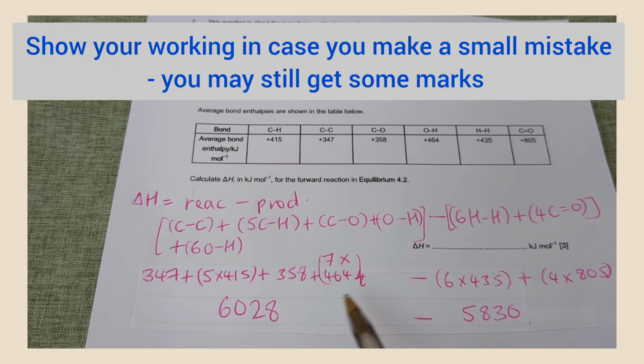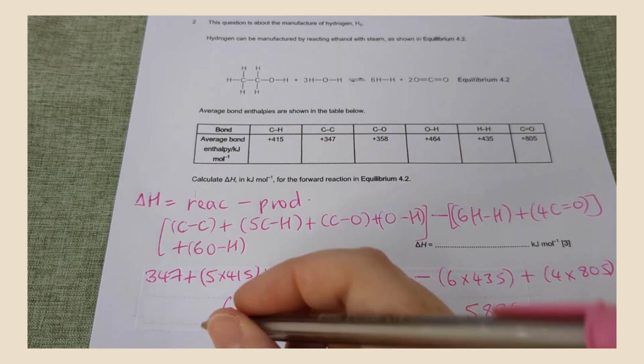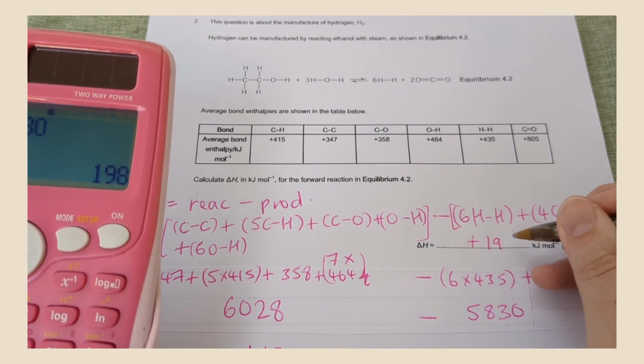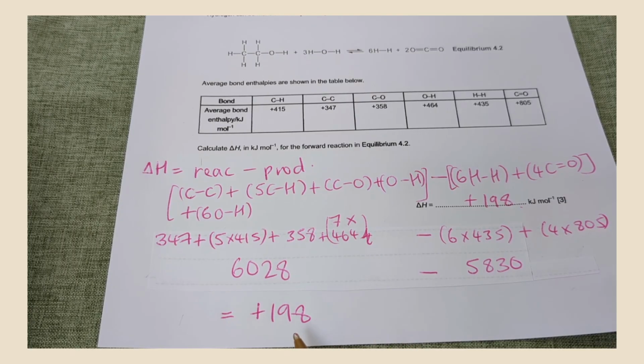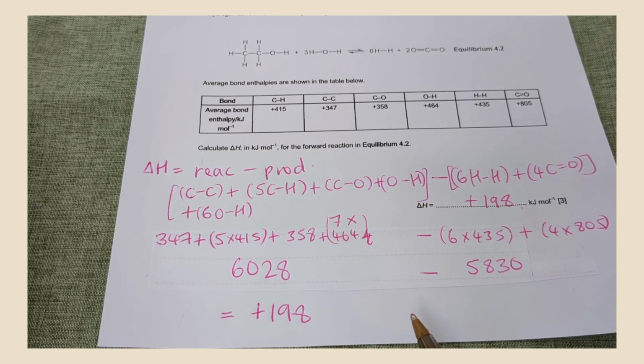And we can see that since this number is larger, the reactant bonds being broken, our overall answer is going to be positive. So this reaction is going to be endothermic overall. The fact that the enthalpy change for this reaction is positive, that it's endothermic, tells us that there are more reactant bonds being broken compared to new product bonds being formed.